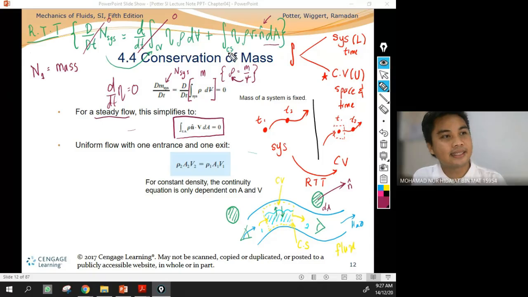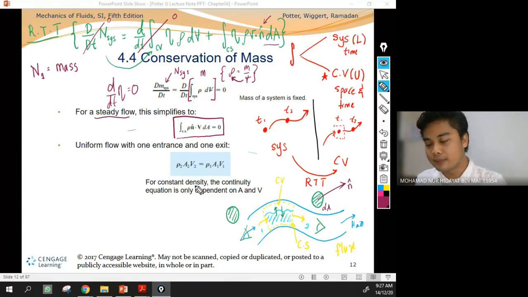Can you see that this is CS, this CS, this is density, all right? This is density, and this is density, this is velocity, this is n, dA. Do you notice that we have this intensive property? Right, but here we don't have any intensive property.